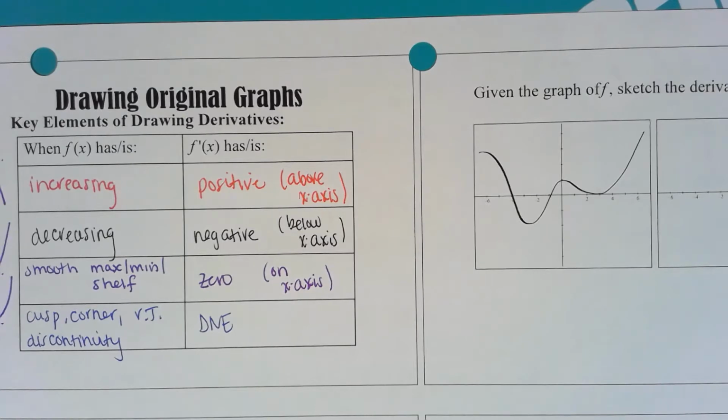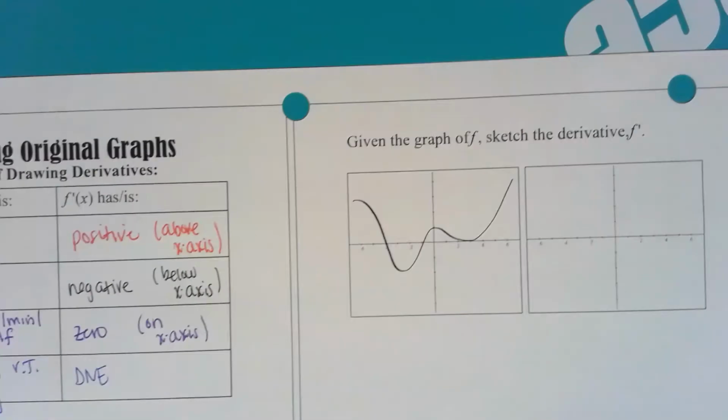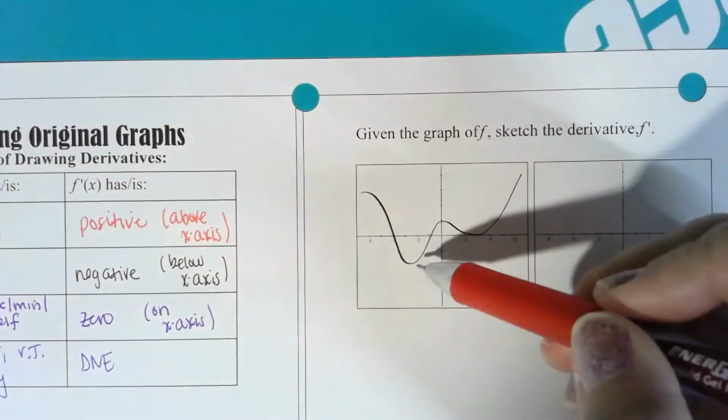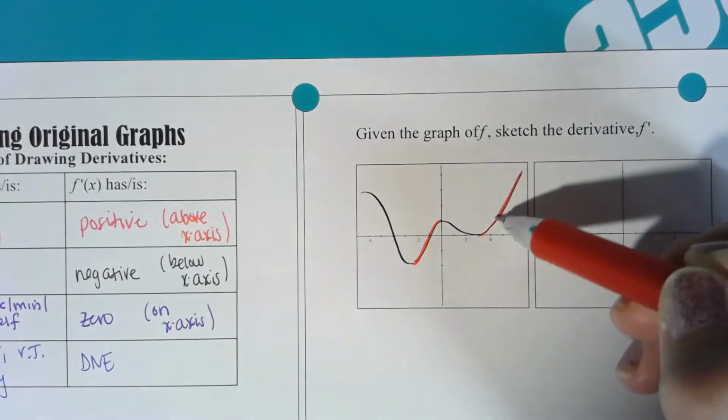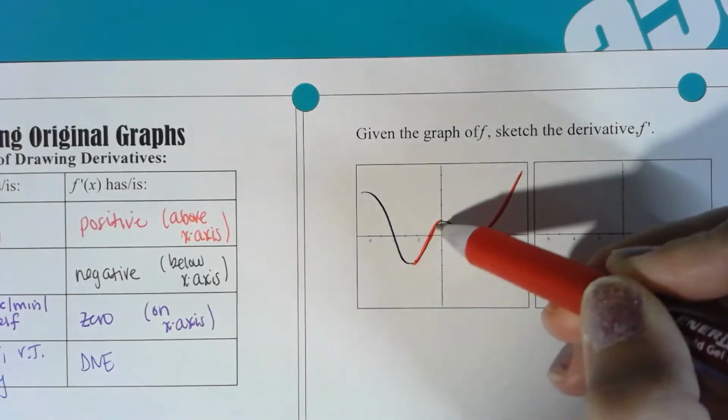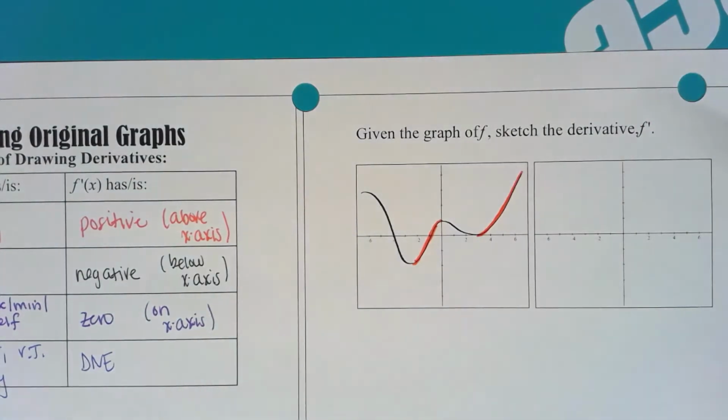This first graph says, here's the graph of f, sketch its derivative. I'm going to try to keep the colors the same by looking to see where this graph is increasing, because where it is increasing, my derivative will be above the x-axis.